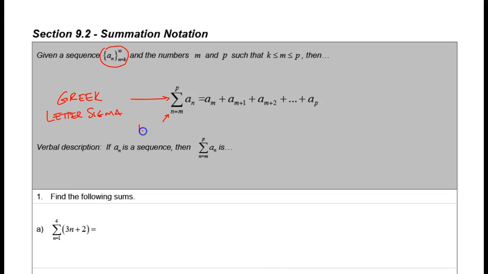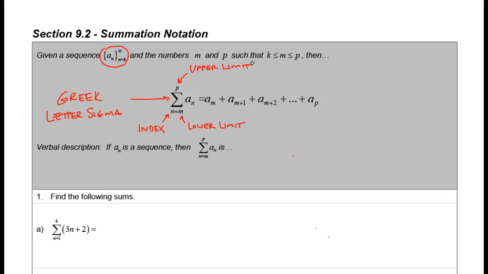N is called our index or position. M is our lower limit. You may also call it the starting point. P is the upper limit, or where we finish.